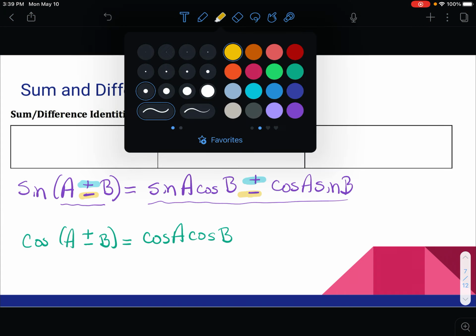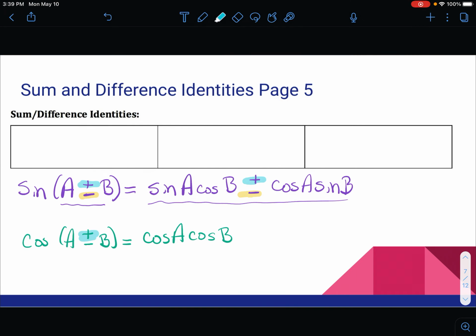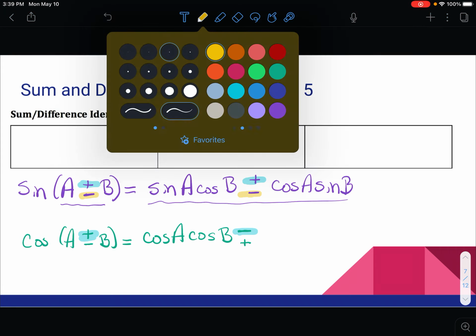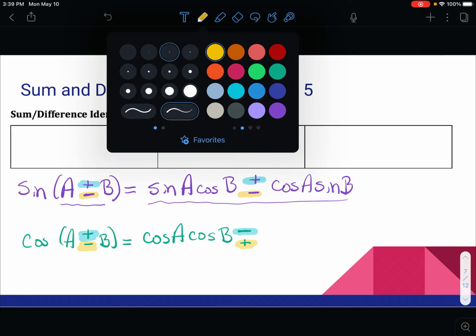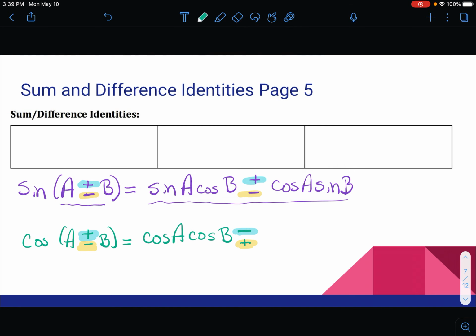If it was a plus sign to begin with, we subtract, and if it was a minus sign in the beginning, we add. So cosine of the first term times cosine of the second term, plus or minus depending on the situation, sine of the first term times sine of the second term.